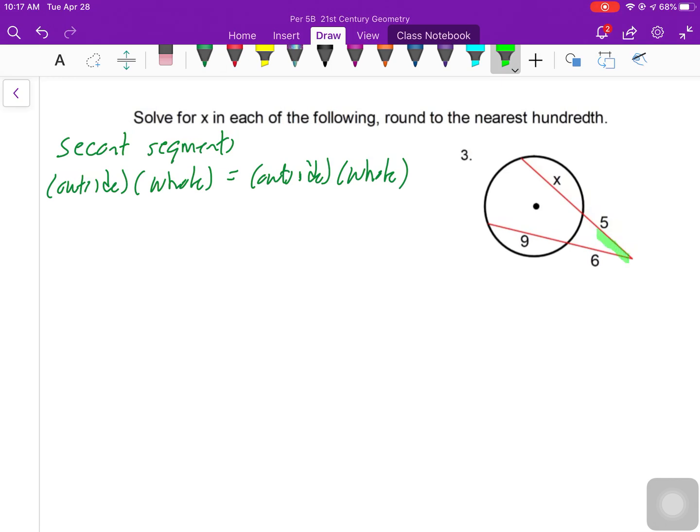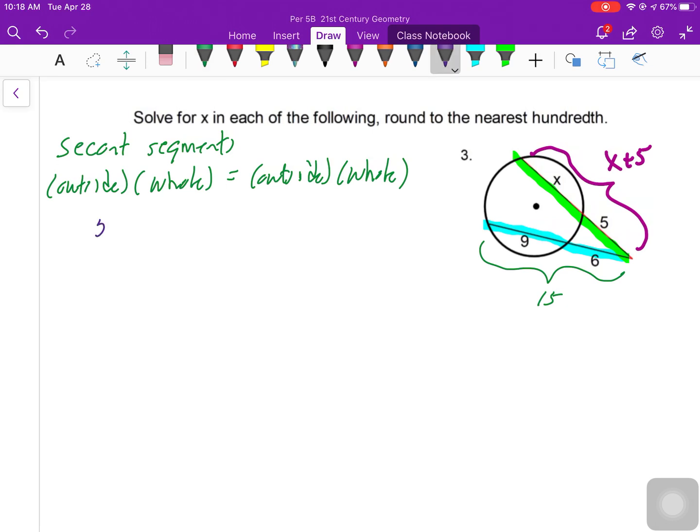Now, in these problems, I did suggest to you that you first label and identify the whole length. So on this green one right here, that whole length would be x plus 5. On the blue one that I've highlighted down here, that whole length will be 6 plus 9 is 15.